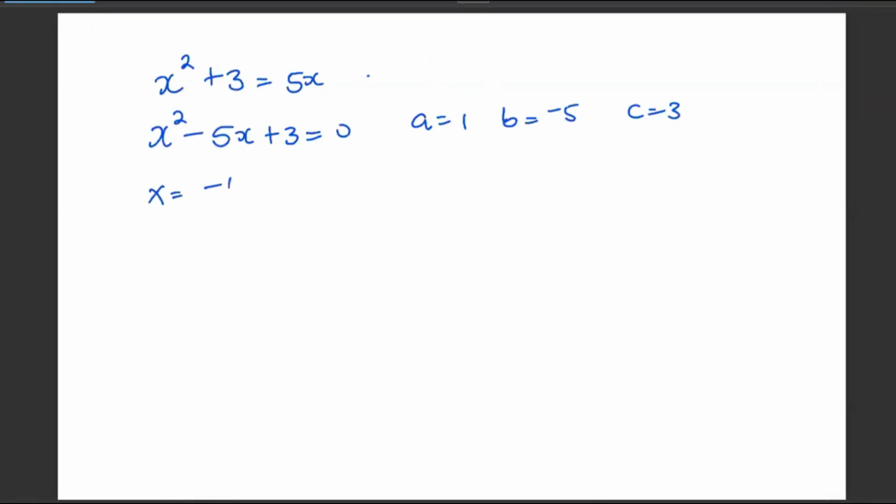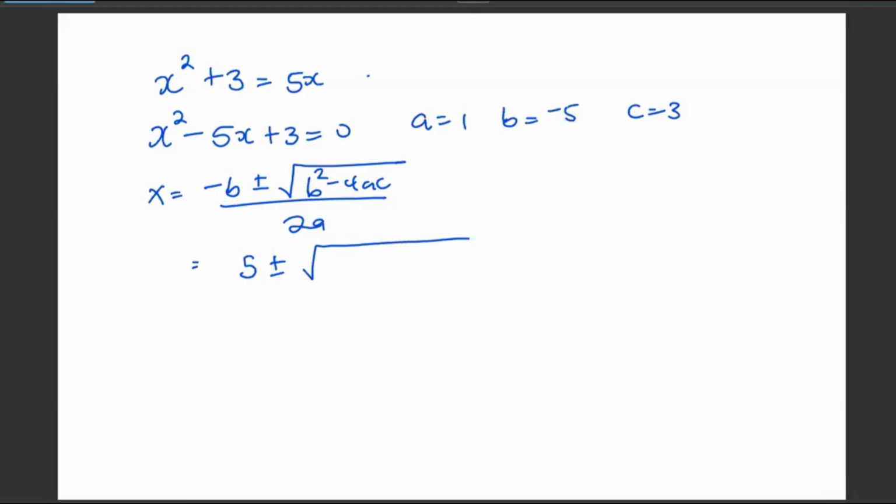So x is negative b plus or minus the square root of b squared minus 4ac, everything over 2a. If we substitute, negative of negative 5, plus or minus the square root of negative 5 squared minus 4 times a which is 1, times c which is 3, all divided by 2 times 1.